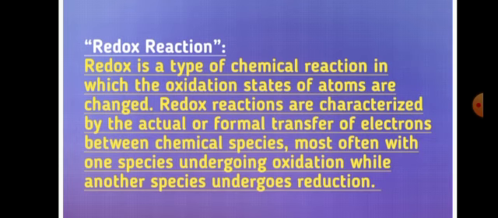So basically your redox reaction is a type of chemical reaction in which, simultaneously at the same time, reduction also happens and oxidation also happens. Fine. So in a reaction, reduction and oxidation take place at the same time. If reduction occurs, oxidation should also occur.